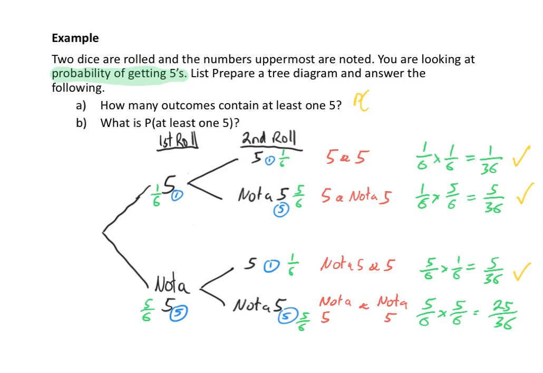So probability of at least 1 5 is going to be equal to 1 over 36 plus 5 over 36 plus 5 over 36, which is equal to 11 over 36. So the probability of getting at least 1 5 when I roll 2 dice is 11 over 36.